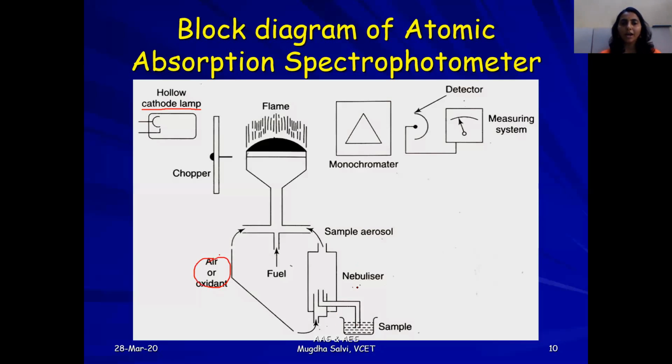And something called a nebulizer. Now this nebulizer is nothing but the atomizer. The atomizer is going to basically spray, or split, your sample into a very, very fine mist. So you have a suction through which the sample is entering into the nebulizer. When it enters the nebulizer, there is also air which is entering the nebulizer.